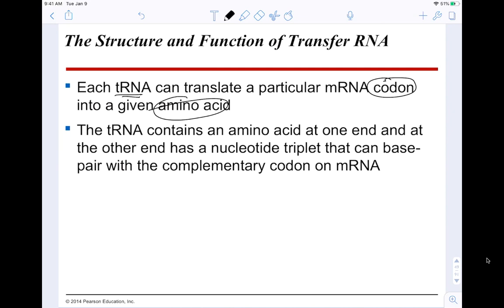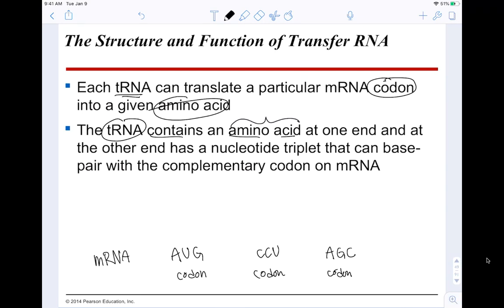So let me simplify this. You have mRNA, and you have a codon, and a codon, and a codon. Let's say you have AUG, CCU, AGC. I made all this up, okay? Now, a tRNA contains an amino acid at one end, and at the other end has a nucleotide triplet that can base pair with a complementary codon.